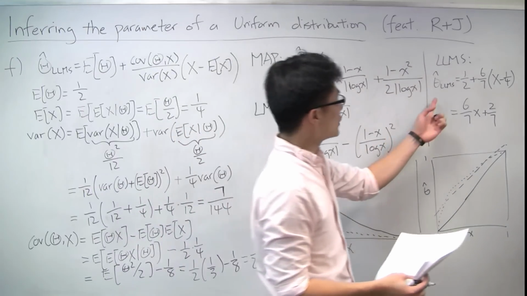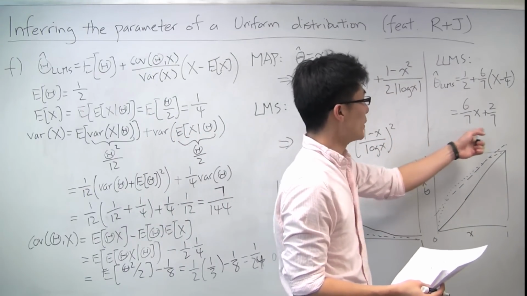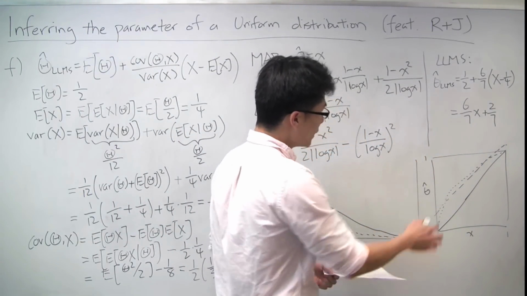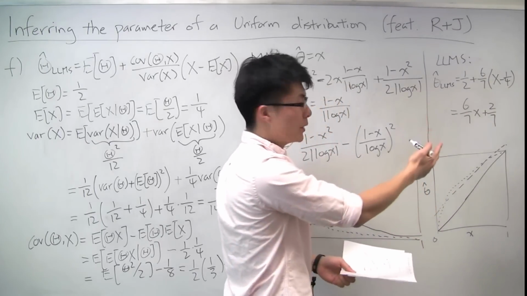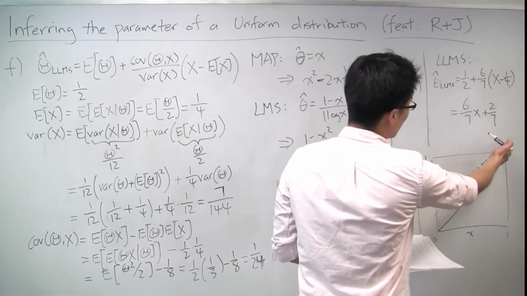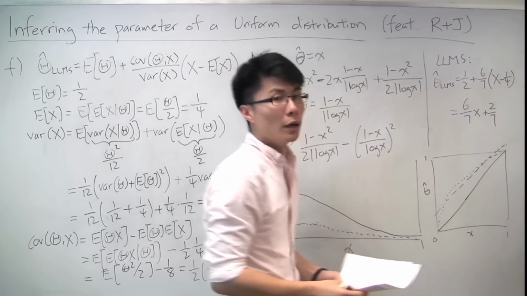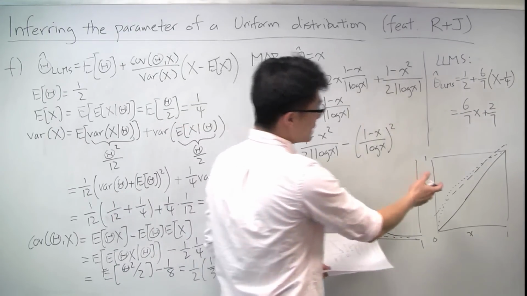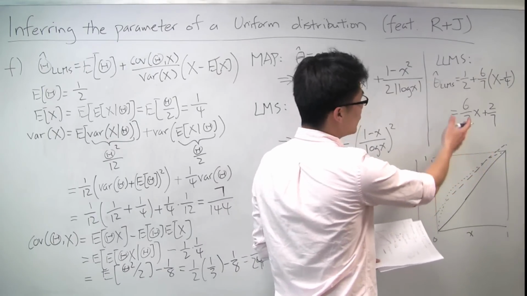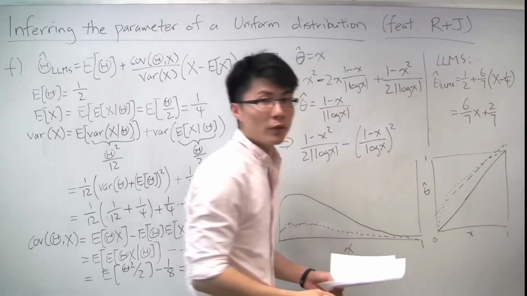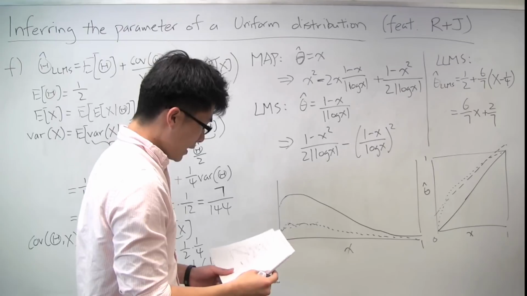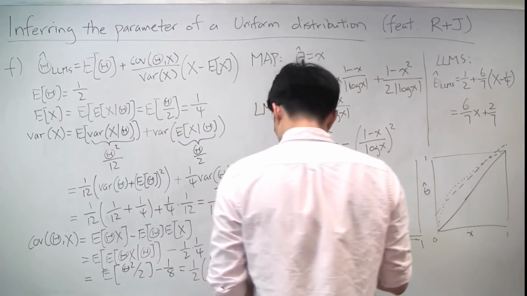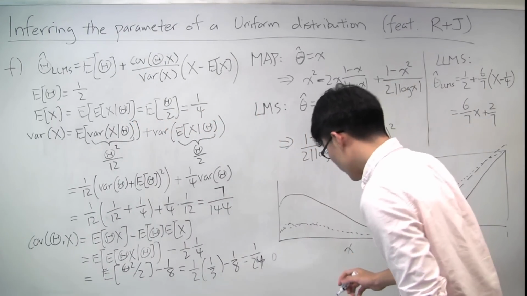That's one of the side effects of the linear LMS estimator. But what you get instead when sacrificing that is a simple form of the estimator. It's linear.